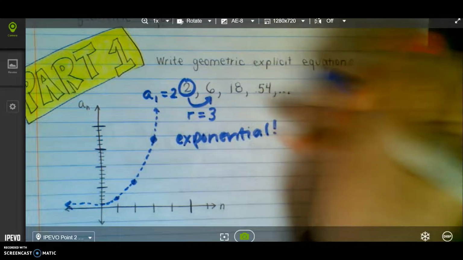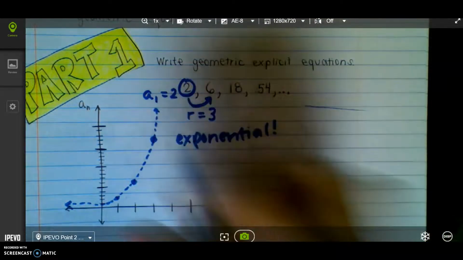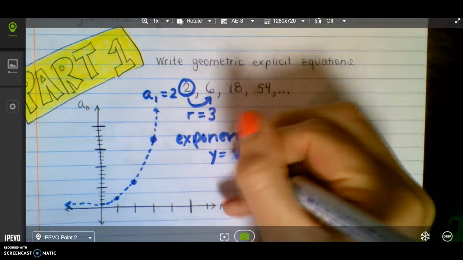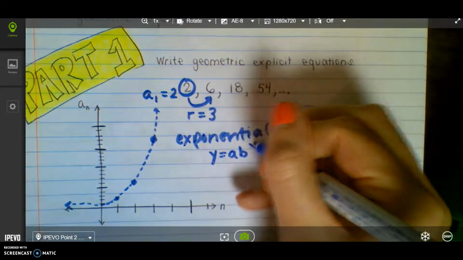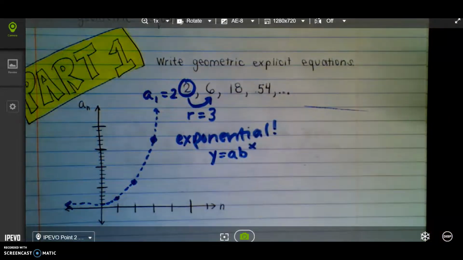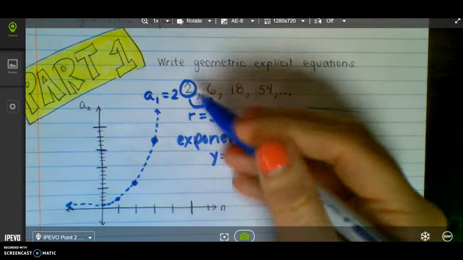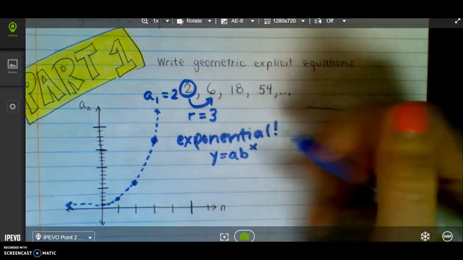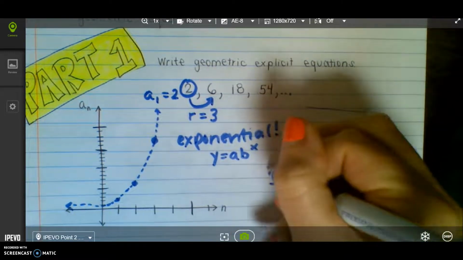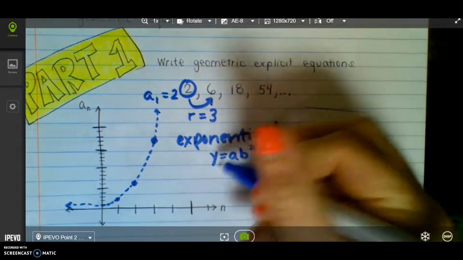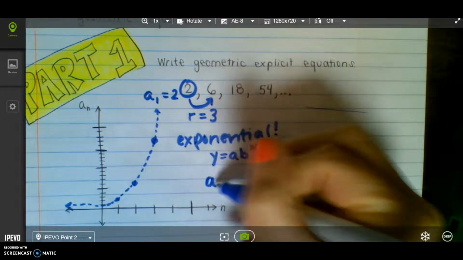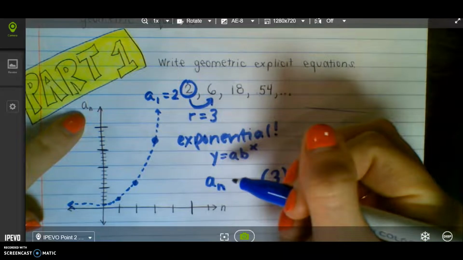So when you're thinking of geometric equations, because it follows an exponential model, we can be thinking y equals ab to the x. A was the initial value, b was the growth factor. In this case, the growth factor, what we were multiplying by each time, was 3, so that's my b value. Instead of y, we use a sub n, just like with arithmetic sequences.